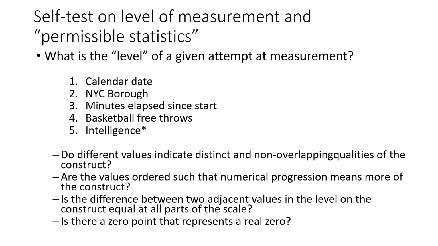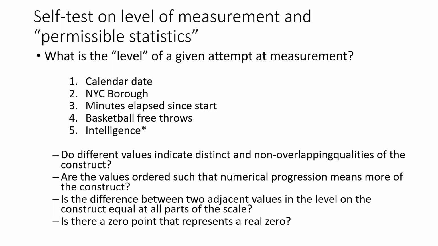So the IQ scale is odd, as many of our educational and psychological measurements are, in that it probably doesn't quite meet the criteria for an interval scale, but we constantly treat it like it does, calculating means, standard deviations, things like that. And now I'm going to go back to the New York City borough example because it's funny.